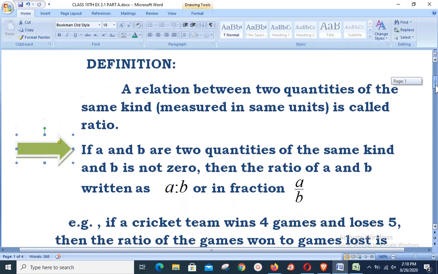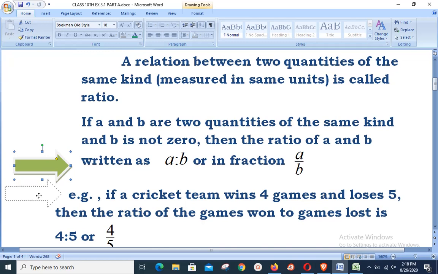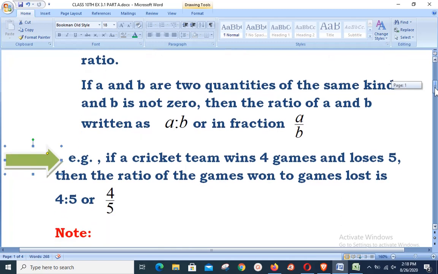Moving ahead, if A and B are two quantities of the same kind and B is not equal to 0, then the ratio of A and B is written as A ratio B, or in the fraction form A over B. Another example, if a cricket team wins 4 games and loses 5, then the ratio of the games won to games lost is 4:5, or 4/5.